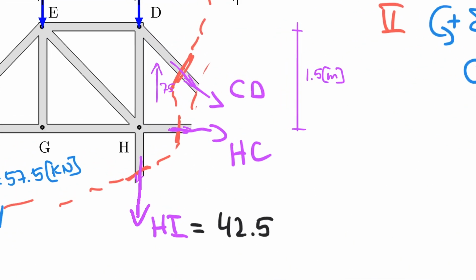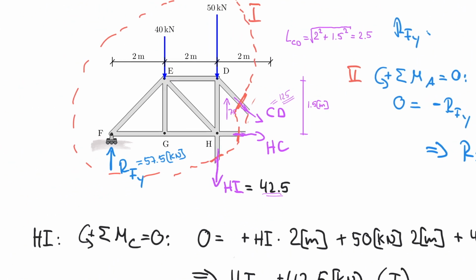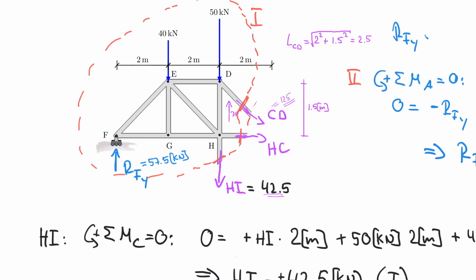So CD here now is equal to 125. And so I'm almost done. All I need now is my HC, and HC is only acting horizontally, but don't be fooled, there's also a horizontal component here. So I have to include that.